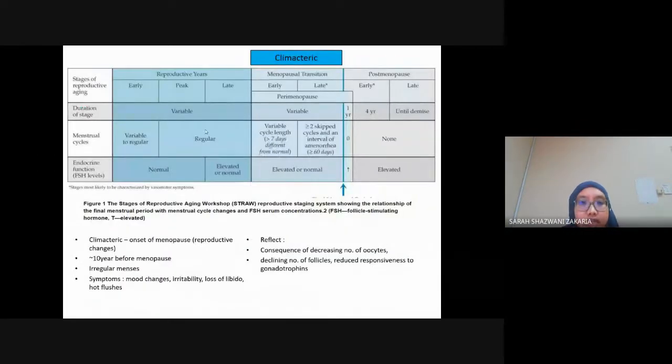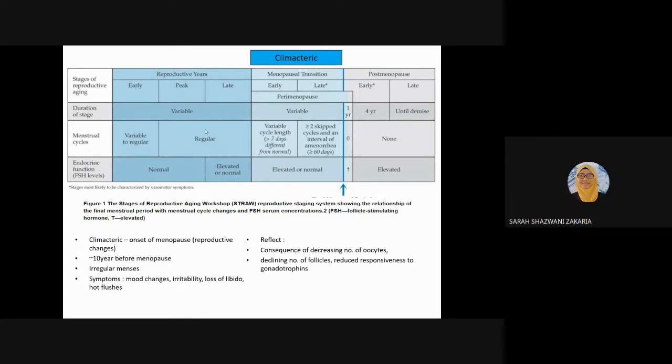Okay. So this table here reflects the menopause event, from the fertile phase, the younger version of women, until it turns into menopause.